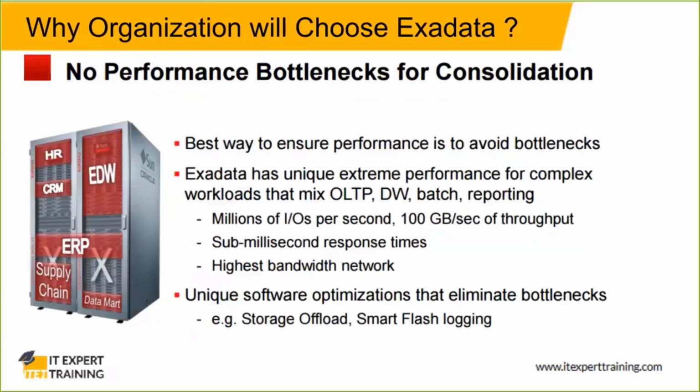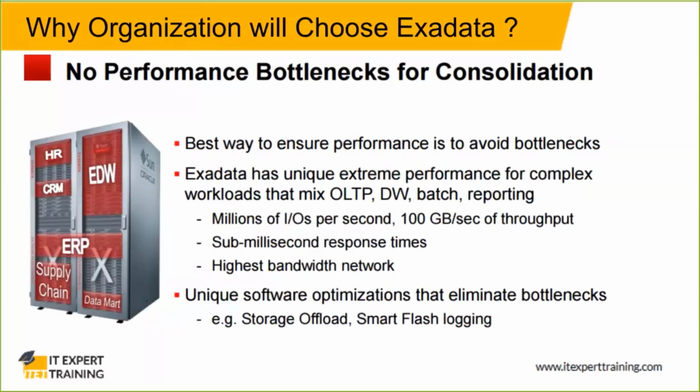In this example screen, what you're seeing is an Exadata machine being used by multiple parties inside an organization. Consider this is a two node Exadata machine, and let's consider this is a full rack machine. You will see ERP running on two of the Exadata machines, and when I say two of the Exadata machines, they might be running an extended cluster for some high availability.